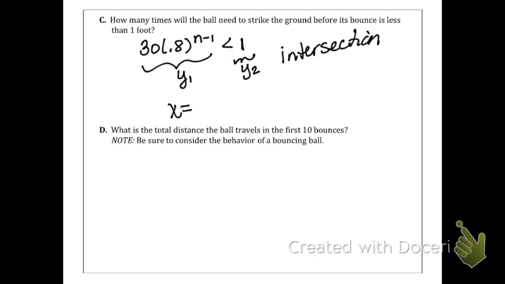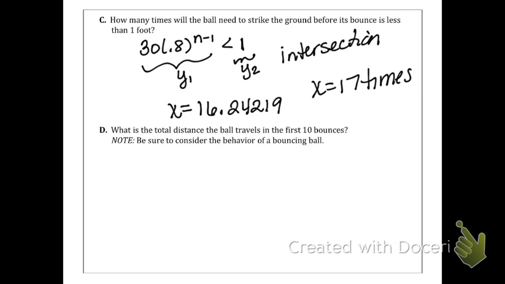So y1 equals, type in that equation, y2 is 1, second, trace, intersect, find where they intersect, hit enter, enter, enter, and you should get 16.24219 something. And so it's going to be 17 times for it to be less than 1. At 16, it's still above 1 because sometime between 16 and 17 is where it hits below 1. So it's 17 times.